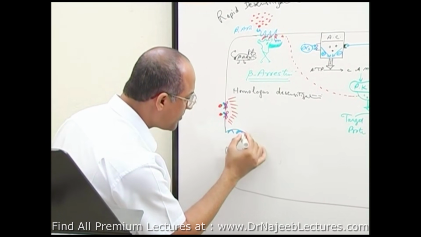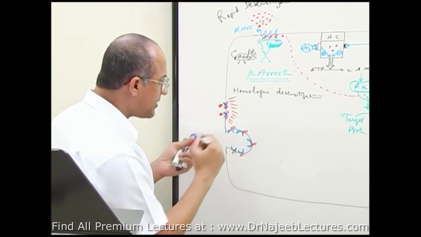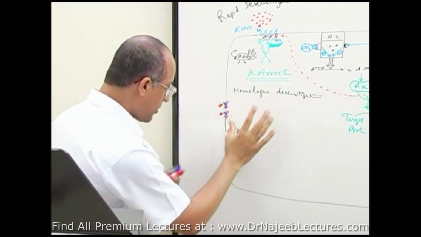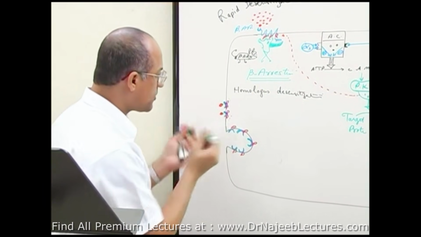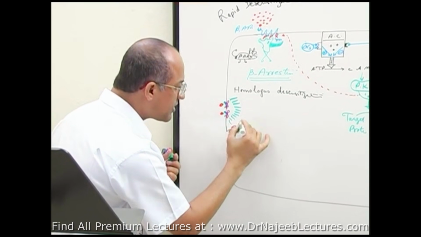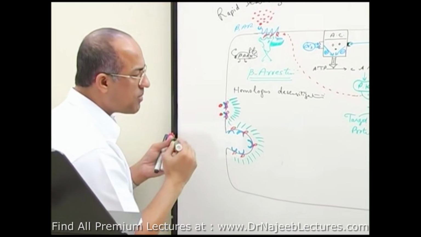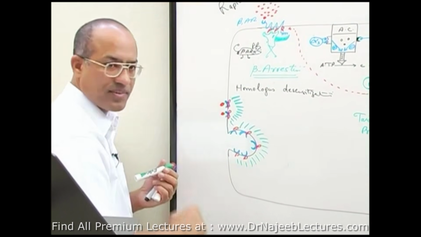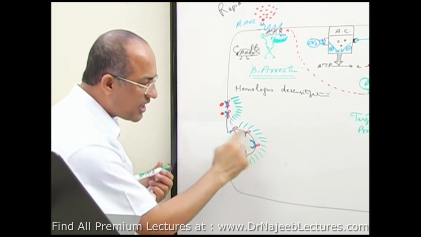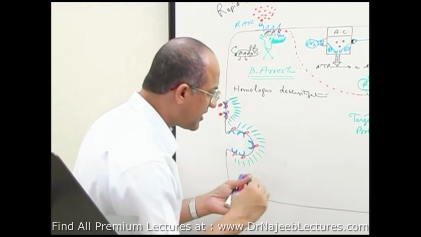And they are still having what? Phosphorylation, you remember? Okay, I will change the color. What was this? Clathrin. So this clathrin-coated part of the membrane pulls in. So a vesicle is being formed. After a little time, this will go inside the cell.